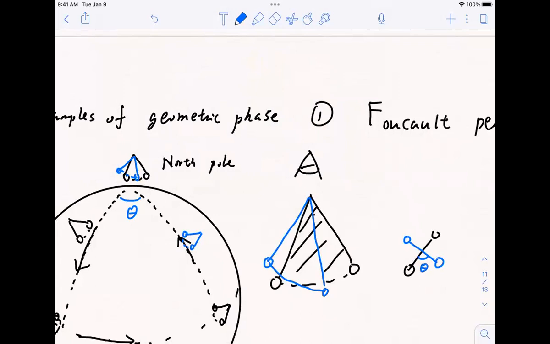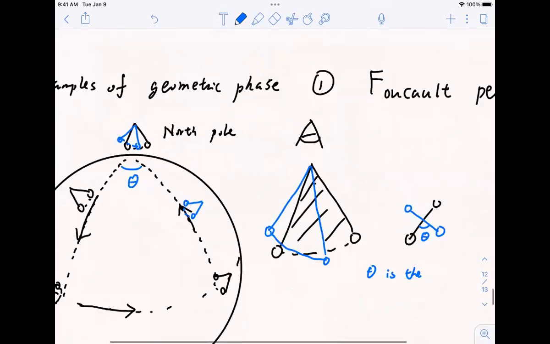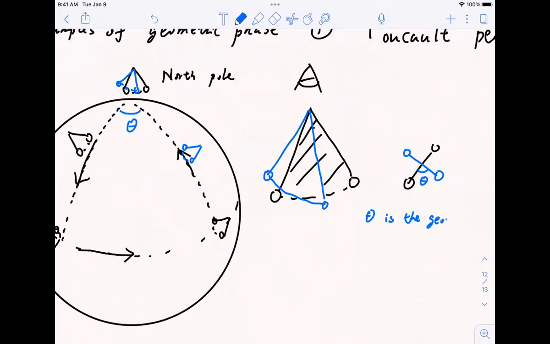This theta is the geometric phase. Should I call it phase or angle? It's something related to geometric. It's an angle. Angle then.